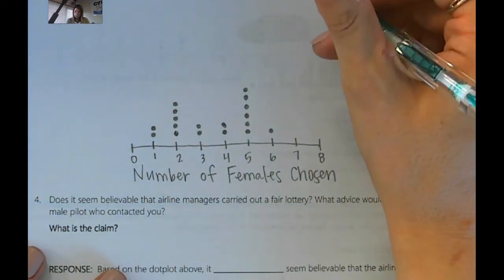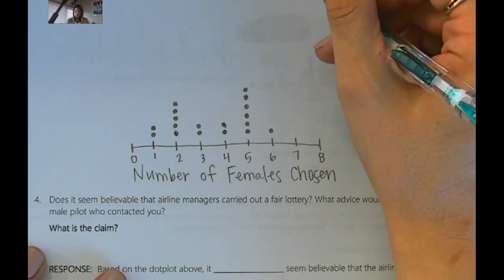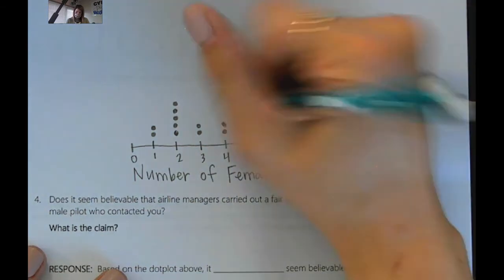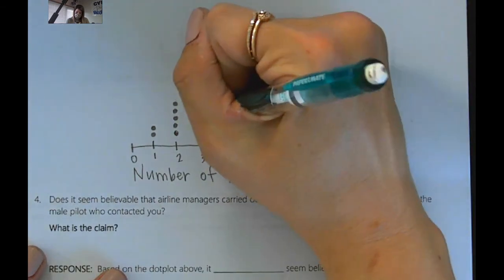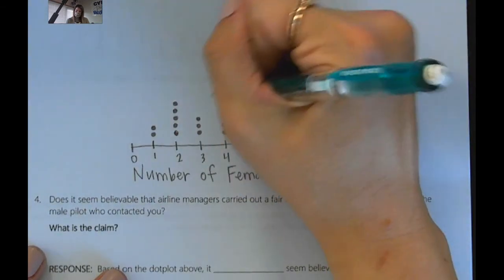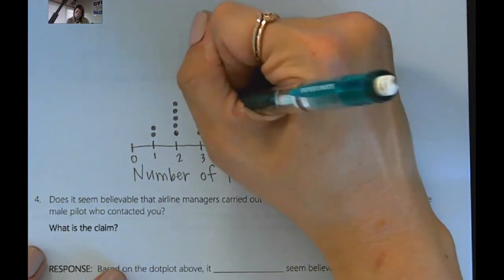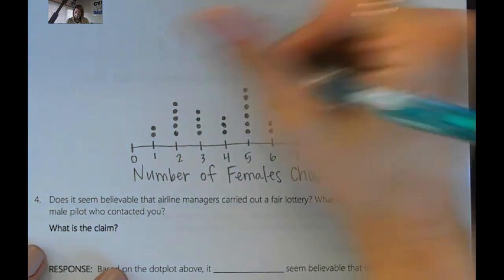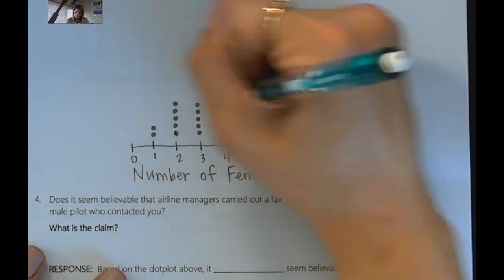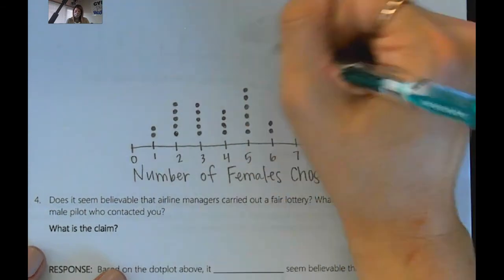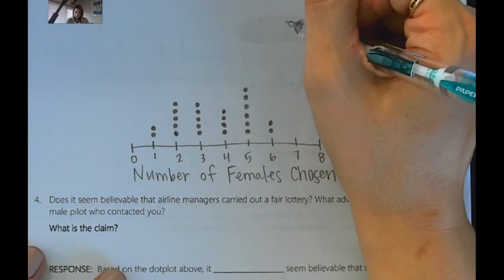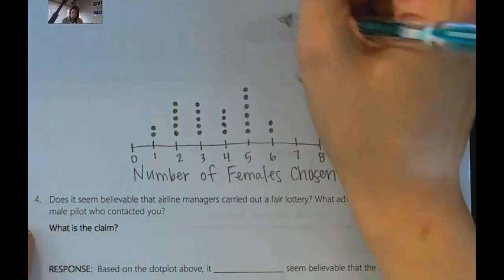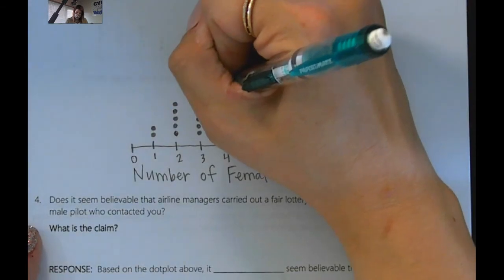Grant. 4 and 3. Aiden. 3 and 6. JJ. 3 and 4. Allie. 3 and 3.